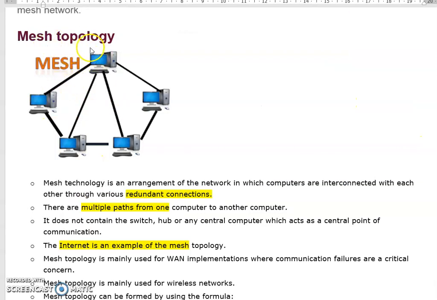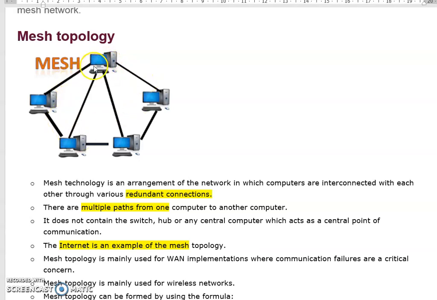Then the mesh topology. In mesh topology, one computer has a dedicated link with all other computers in the network. For example, say there are 5 computers. This computer establishes dedicated point-to-point connections with all other computers in the network.